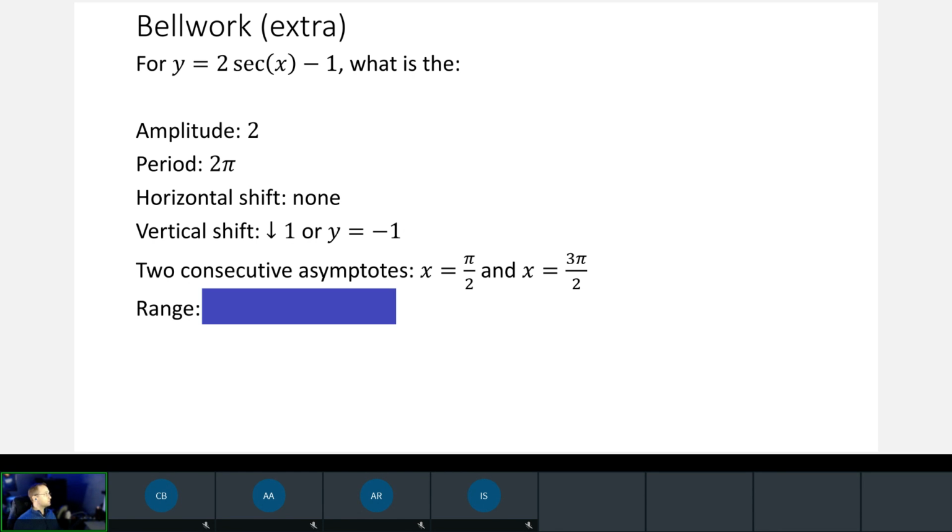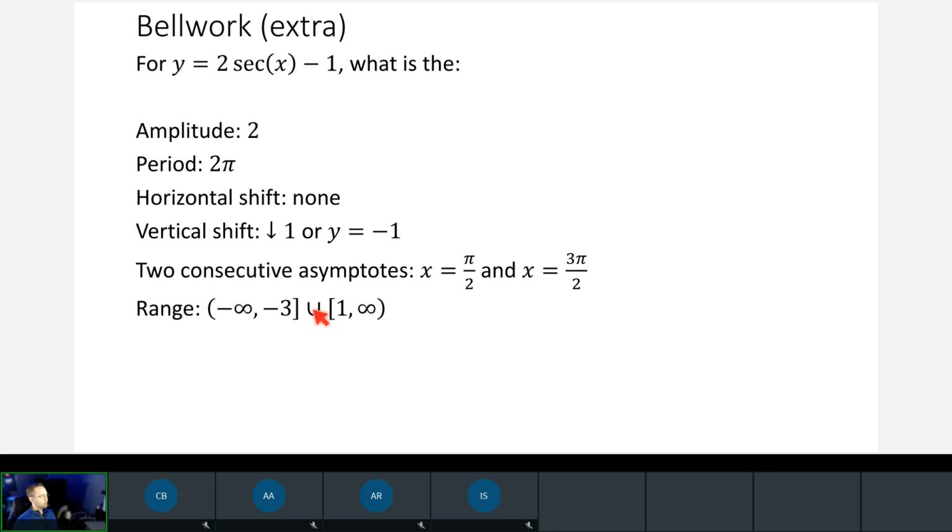All right, so because of the vertical shift and the amplitude being 2, the range is in fact -infinity to -3, union 1 to infinity. Now, here's the important piece for your TGA. I will not give you the equation. I'm probably going to give you 2 consecutive asymptotes, like I did here. I'm probably going to give you the range.